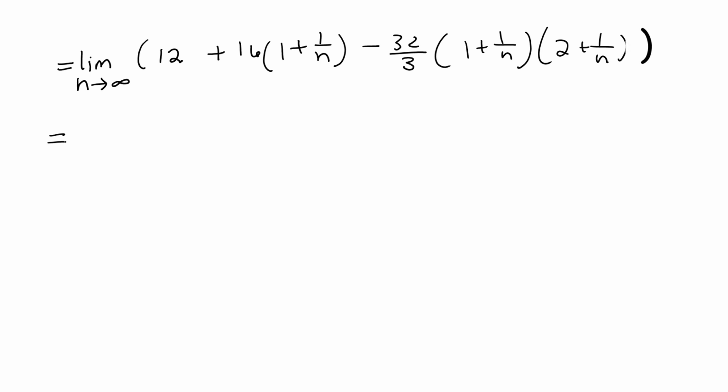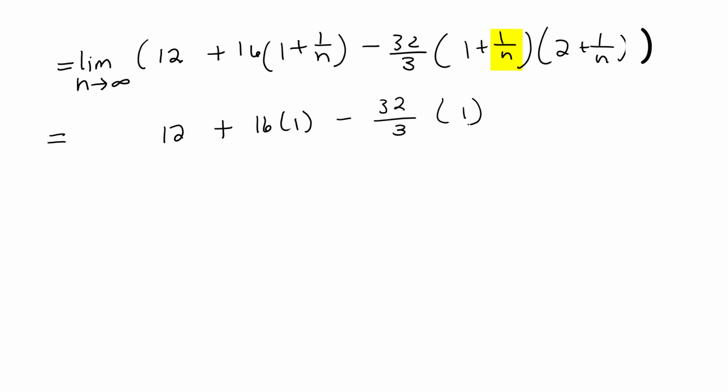As n approaches infinity, the 12 that's a constant stays put. As n approaches infinity, the 1 over n goes to 0, so now you just have 16 times 1, minus we have the 32 thirds. As n goes to infinity, the 1 over n goes to 0, so you have a factor of 1 remaining.